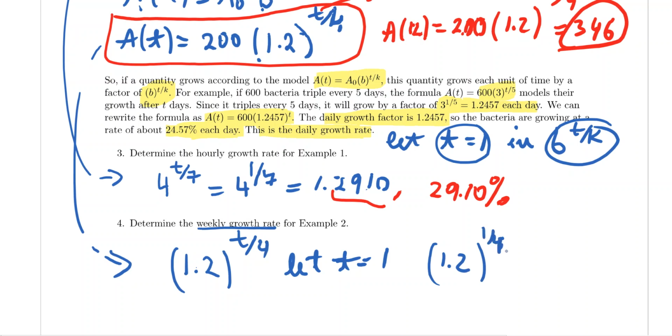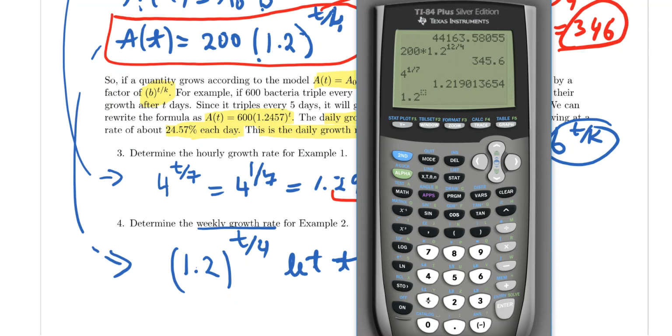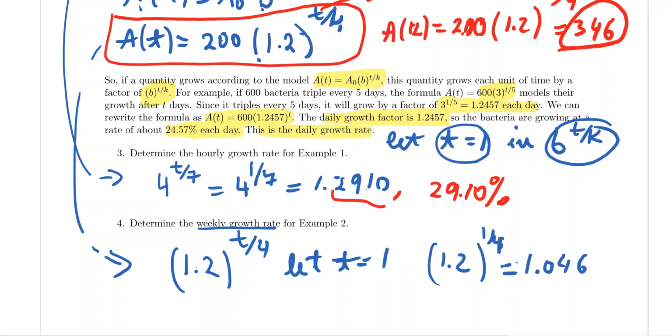When you put it in your calculator, 1.2 to the power 1 divided by 4, you get 1.0466. So that means that the weekly growth rate is this portion, which is 4.66%. So it grows by 20% every 4 weeks, but every week it grows by 4.66%.